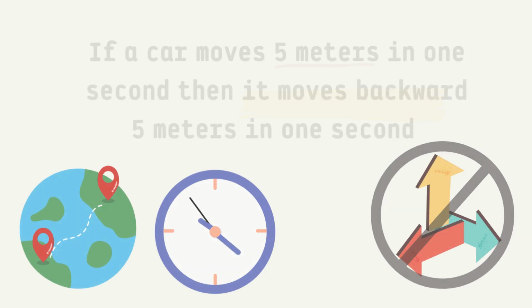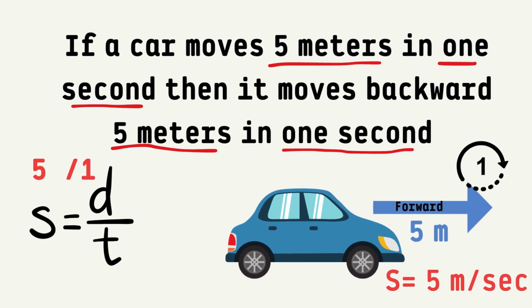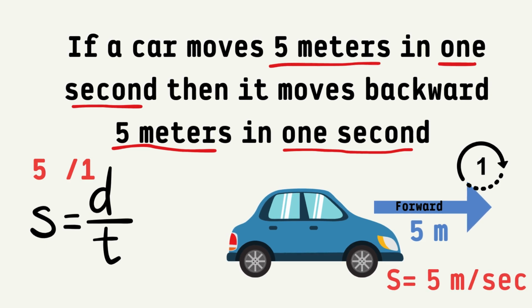If we have a car that moves 5 meters in 1 second, and it moves backward 5 meters in 1 second. So let us calculate the speed, as the speed equals the distance divided by the time. So here the distance is 5 and the time is 1.